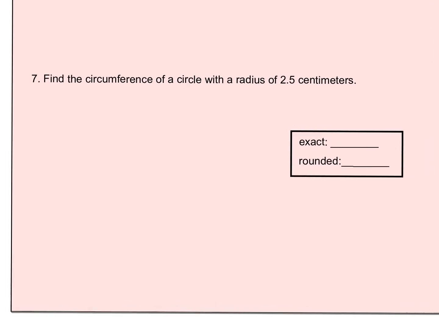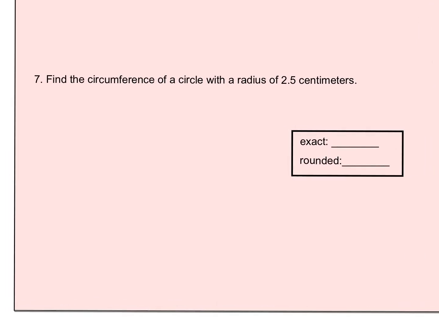So here you have the circumference of a circle with a radius of 2.5. Now remember, radius is 1/2 the diameter. So I need to double the radius to get my diameter. That's going to be 5.